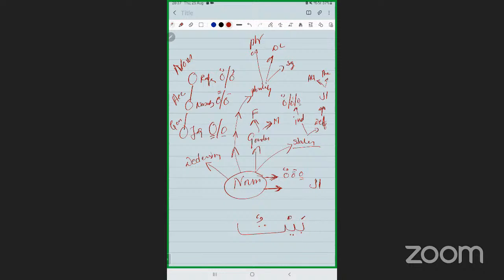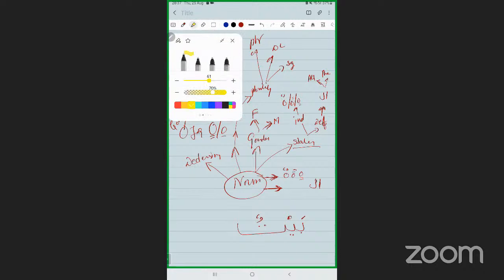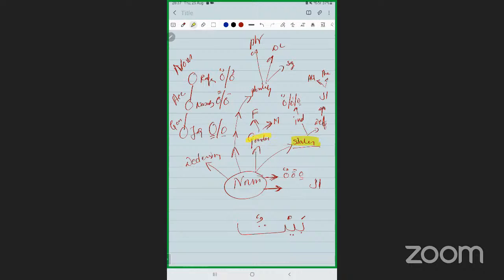But suppose you saw this word baytun. Can you tell me whether this is a noun or not? Anybody? G95. It is a noun. What is the proof? Because of the tanween. You can identify that this is a noun. Mashallah.